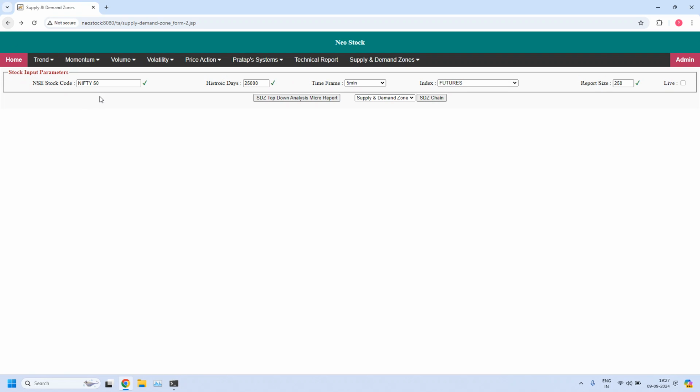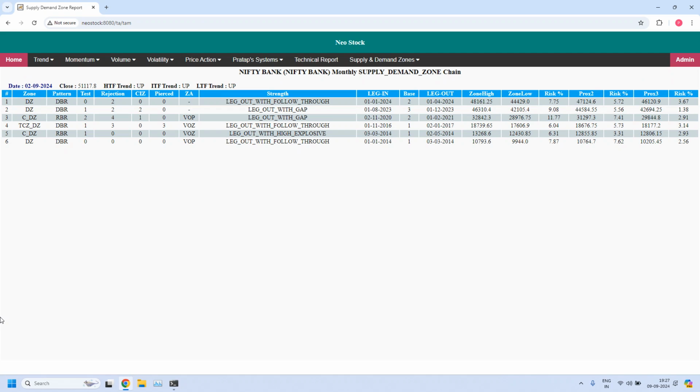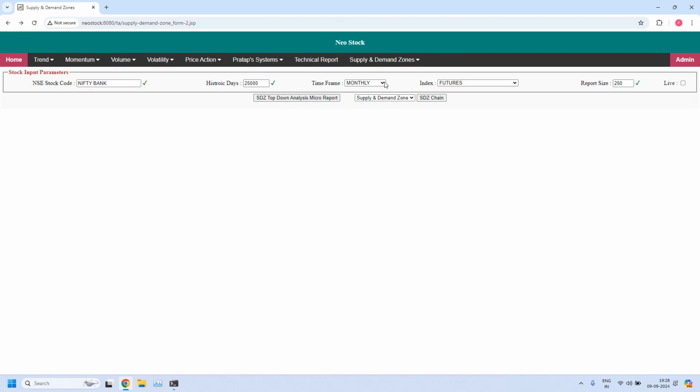Next, Bank Nifty, that is nothing but Nifty Bank. Starting from the monthly time frame, generating the monthly supply demand zone chain for Bank Nifty. The next time frame is weekly, generating the weekly supply demand zone chain for Bank Nifty.